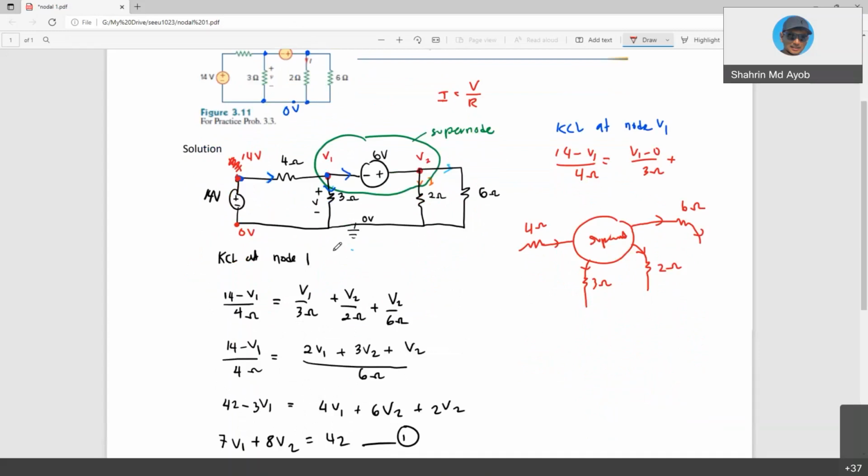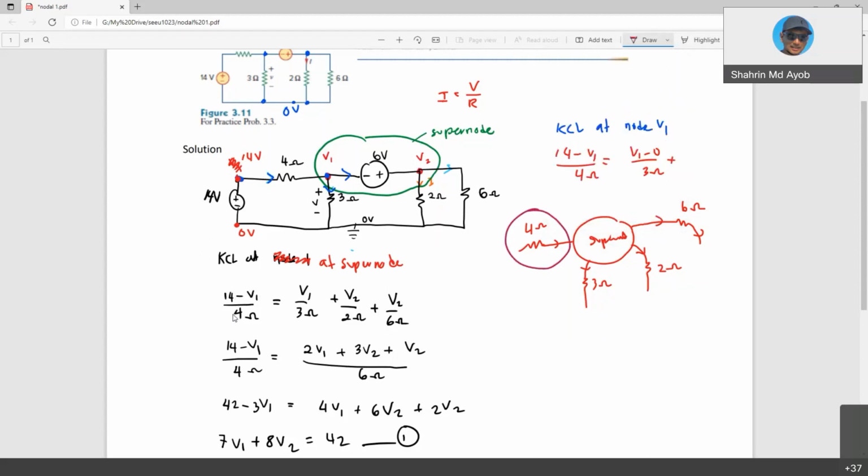Okay, so this is not KCL at node 1. Sorry, this is KCL at the supernode. At the supernode, we have only one current that goes into it, which is 14 minus V1 over 4 ohms, this branch current.